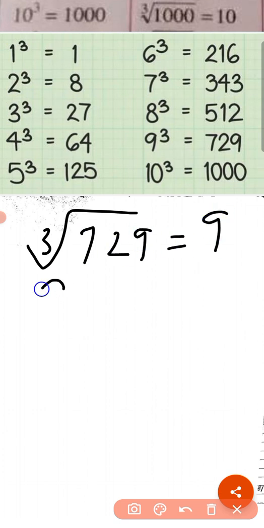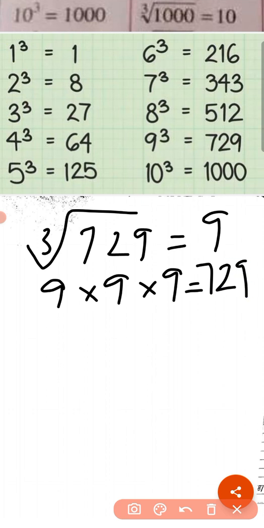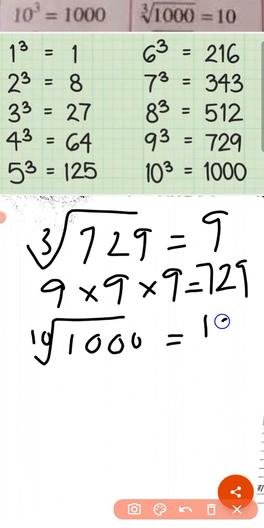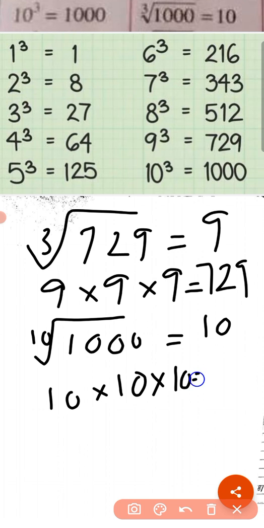That means 9 into 9 into 9 is equal to 729. Okay. Cube root of 1000 is equal to 10. Sorry children, 1000. That means 10 into 10 into 10 is equal to 1000.